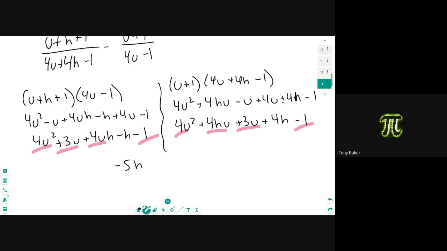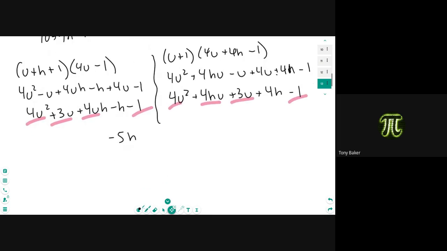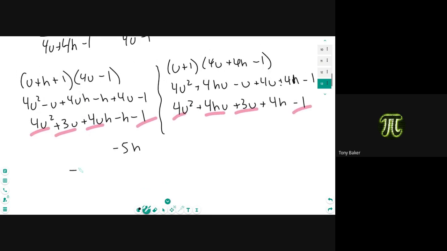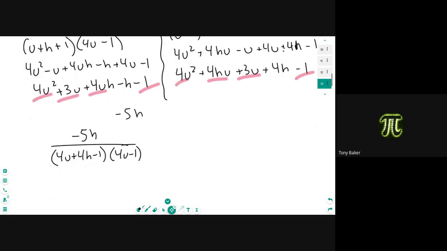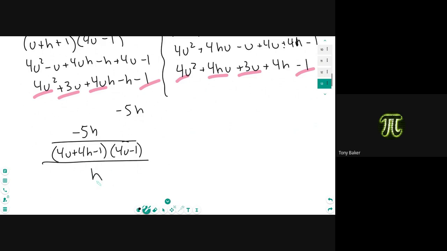Okay, so I did that one side, I did the other side, then I subtracted them, and now basically the whole top is just that. So now I have negative 5h over 4u plus 4h minus 1 times 4u minus 1, all over h.